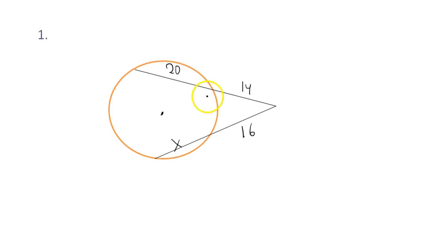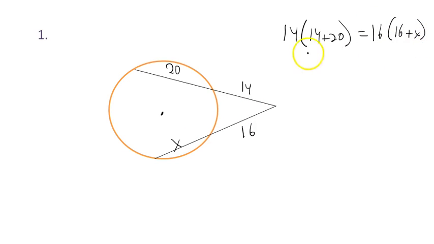Okay, here's our first example, and it's an outside times whole situation because the angle is outside. But we are looking for segment lengths, and we are missing this x, and that's what we're trying to find. So I'm going to set it up, the outside times the whole of the first one, so 14 times 14 plus 20, and that should equal the outside times the whole on the other one. That would be 16 times 16 plus x.